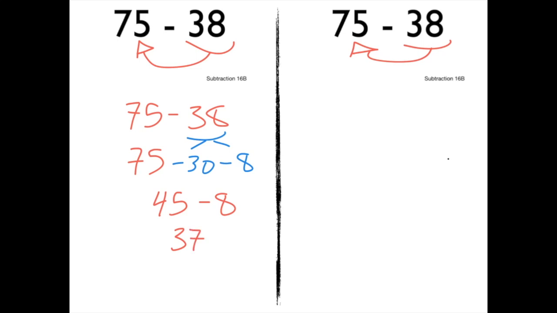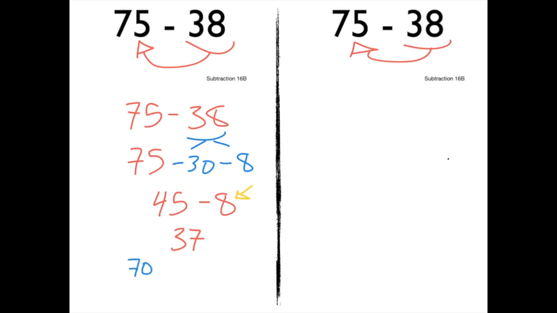Where this strategy can cause an issue with some students is that with 45 minus 8, we can still make some errors in our calculations. But also, what students have a tendency to do, because when they add they break up both numbers, is that they'll try and do the same thing here. So they'll actually switch this expression, 75 minus 38, and break up both numbers.